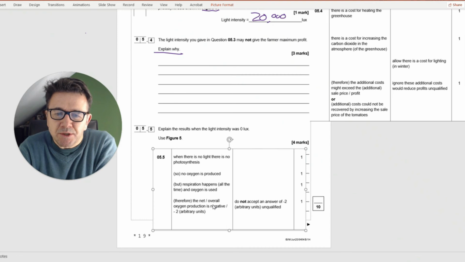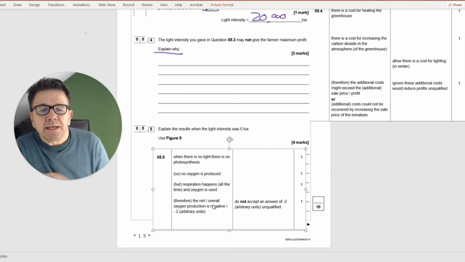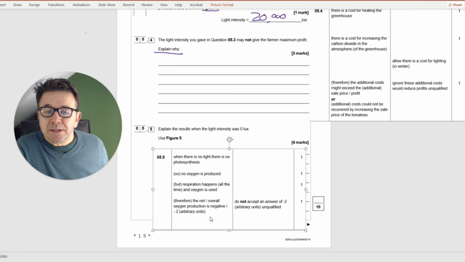Well, respiration is using it. Okay, so you need to mention that respiration is using it, and you do need to mention that oxygen is negative. Okay, so you can't just say it is -2. You have to say overall oxygen production is negative. Quite a difficult question there to get full marks.